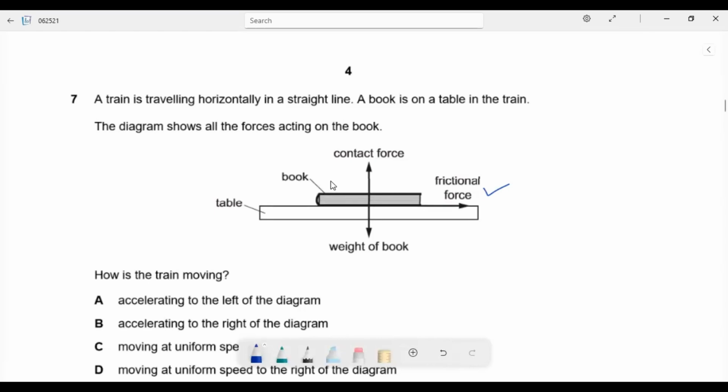How is the train moving? The frictional force is acting towards the right. So the train is also accelerating towards the right. And the inertia force on the book will be just opposite to the frictional force. Here the right answer is B, accelerating to the right of the diagram.